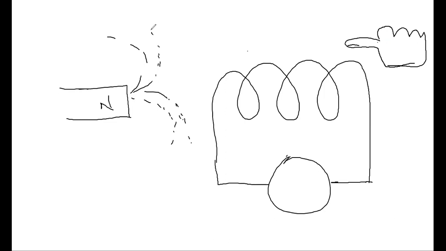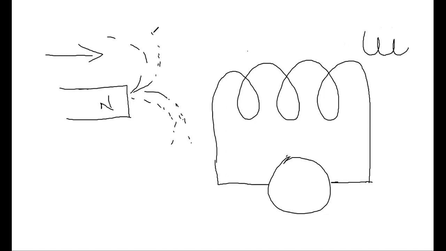All your fingers are going to be pointing downward. So if you point the direction of the magnetic field like that, remember your north pole is going in this direction. So your magnetic field is in this direction here. So you have to flip your hand to the next side. So your hand would be like this. This would be your fingers here.